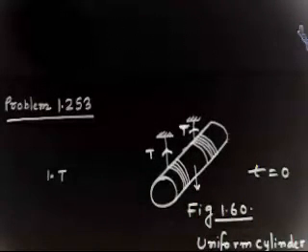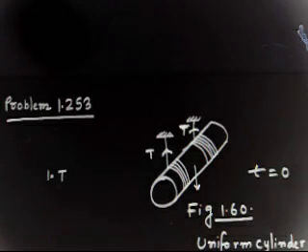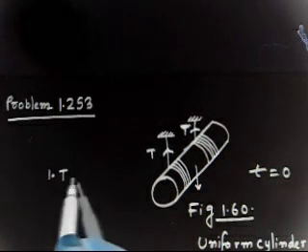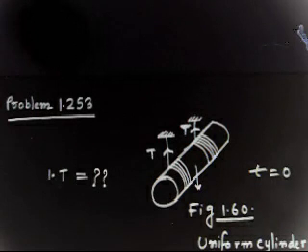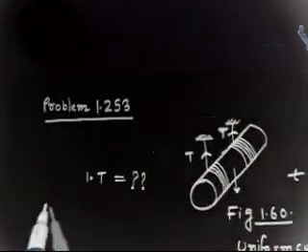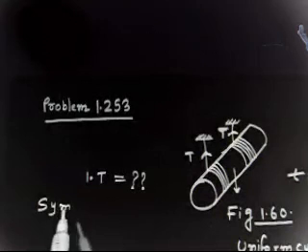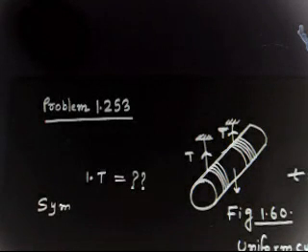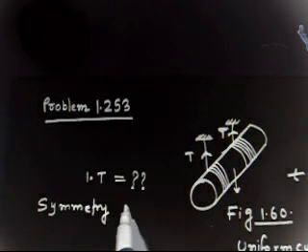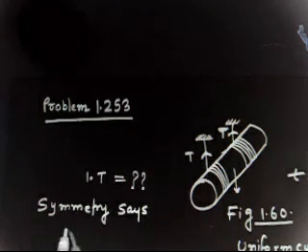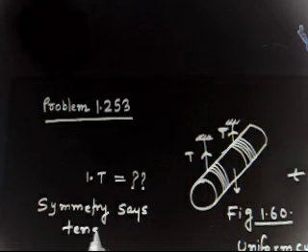There is no reason they will have different tension. So if I find one tension, my job is done. Using symmetry, I can say tension is equal.